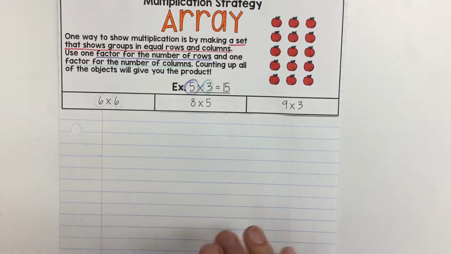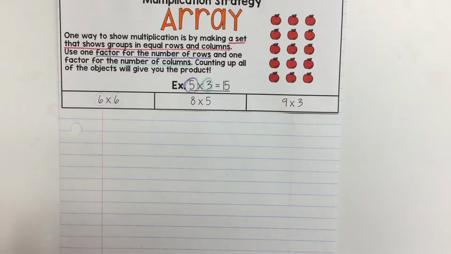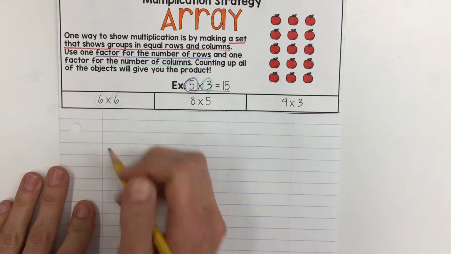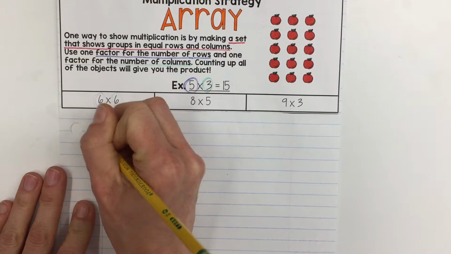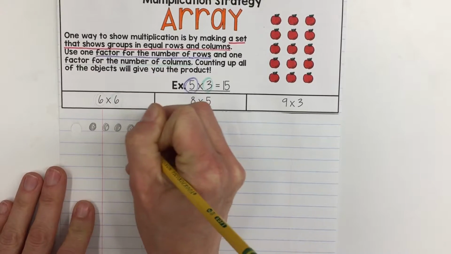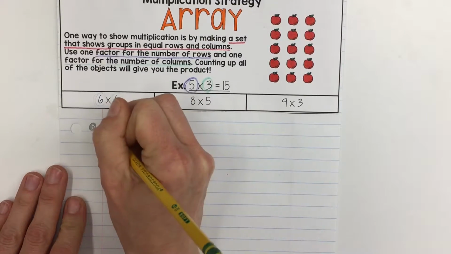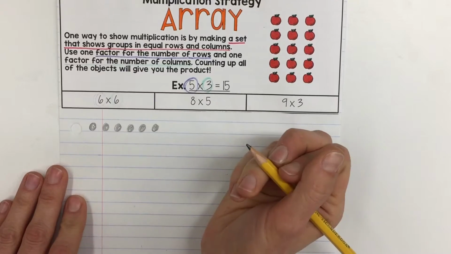Okay, so for this one, I'm going to make circles. So I need 6 rows of 6. So I'm going to have 1, 2, 3, 4, 5, 6. So that's 1 row of 6, and each of these is going to be the top of a column.